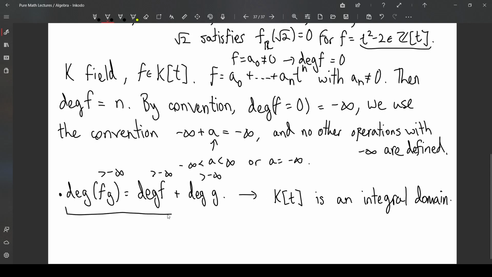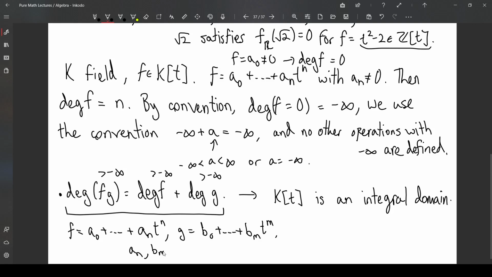And the actual proof of this, of course, I didn't actually prove why this holds true, but you would let f equal something like this, and then g would equal something like this, b_m t^m, where a_n and b_m are non-zero.